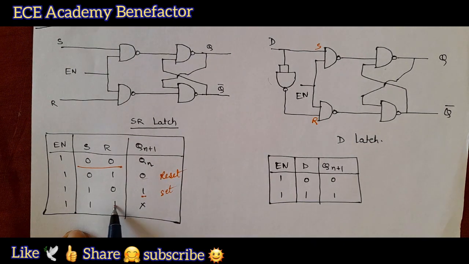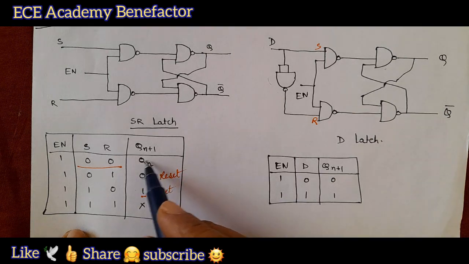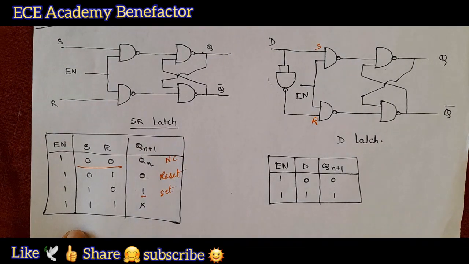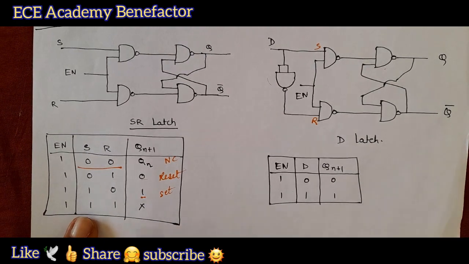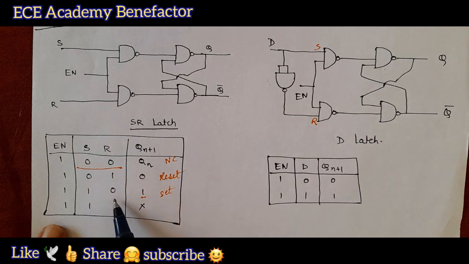And when both are 1 1, it is an indeterminate state, that is we do not know, it is undefined. Okay. So, this Qn is known as the no change state. So, no change, reset, set, undefined. Here all the time the enable is made 1 to make the SR latch work.